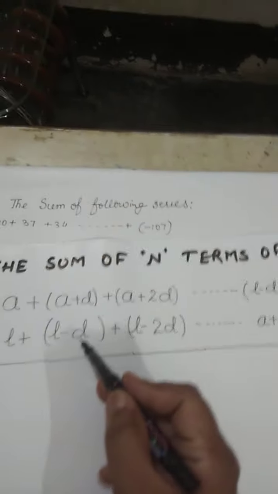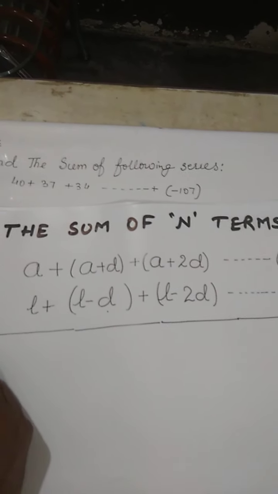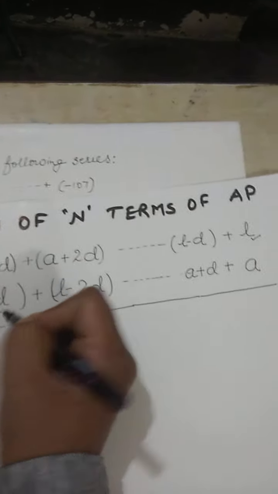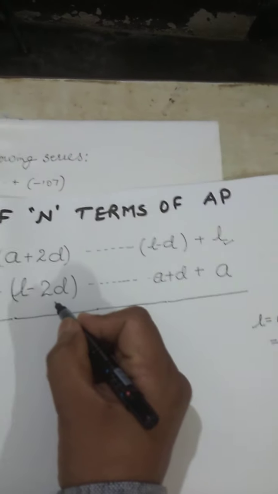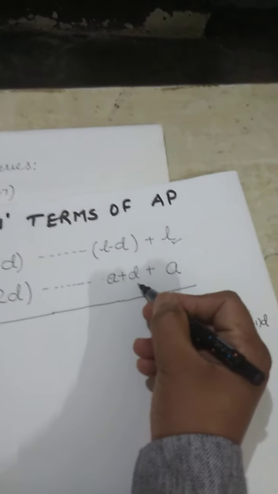Okay. Now you check: plus d, minus d. When we add this, plus d minus d cancel. 2d minus 2d cancel. d and d cancel.